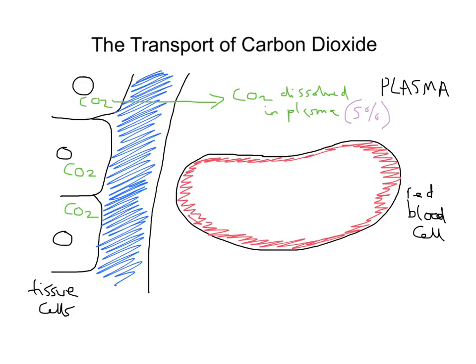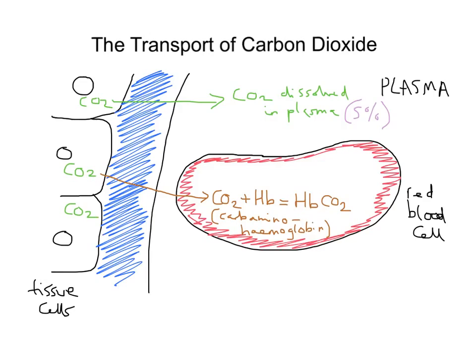So I think we'll just use another colour to show a slightly different one here. So this CO2 actually comes into the red blood cell, and that CO2 binds with hemoglobin, which has the symbol Hb, and it forms HbCO2, and that, again, I'll just write the name, is carbaminohaemoglobin.